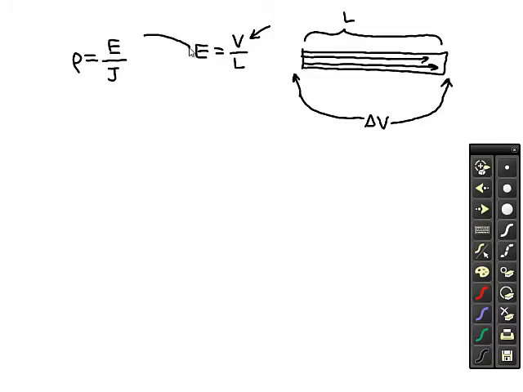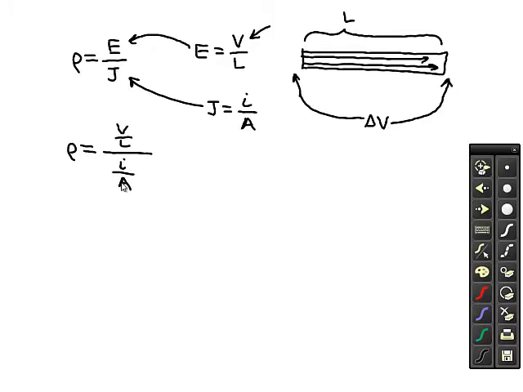Okay, J is just I over A. So we're going to assume a uniform current for a moment. So rho can be rewritten as V over L divided by I over area.